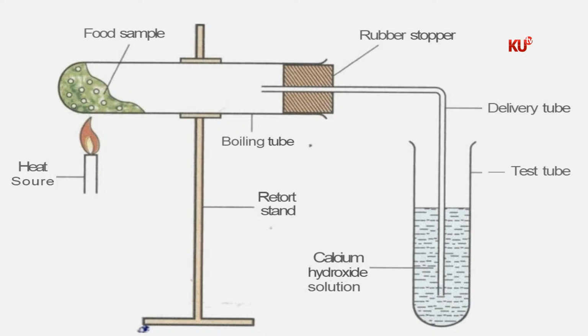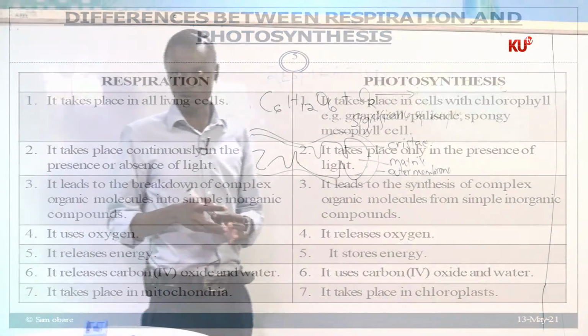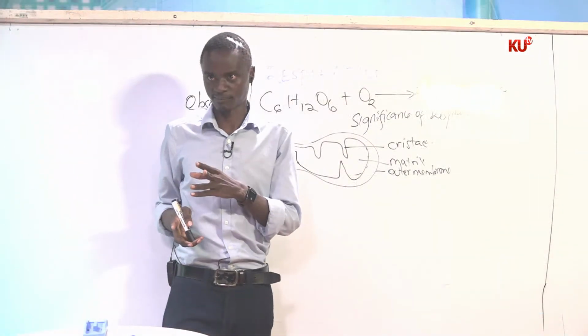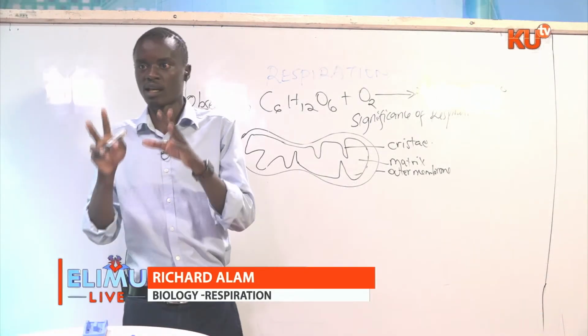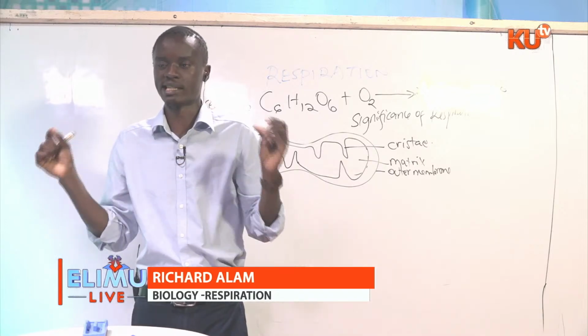As we move to the next slide, we are going to observe from this experiment that the calcium hydroxide forms a white precipitate.